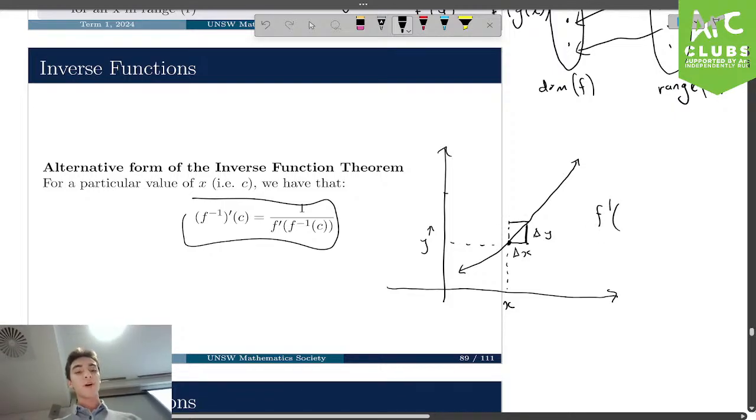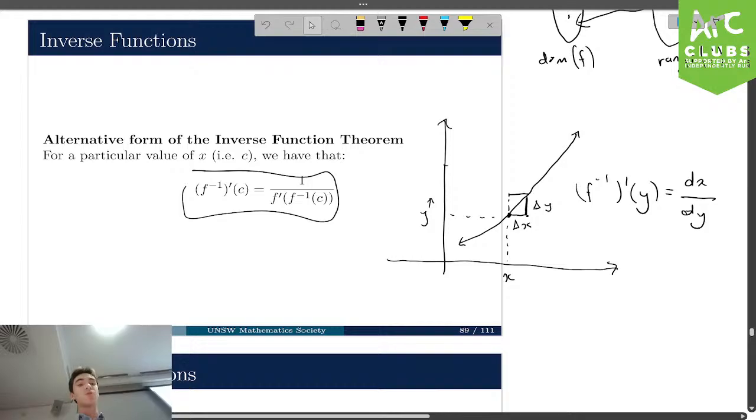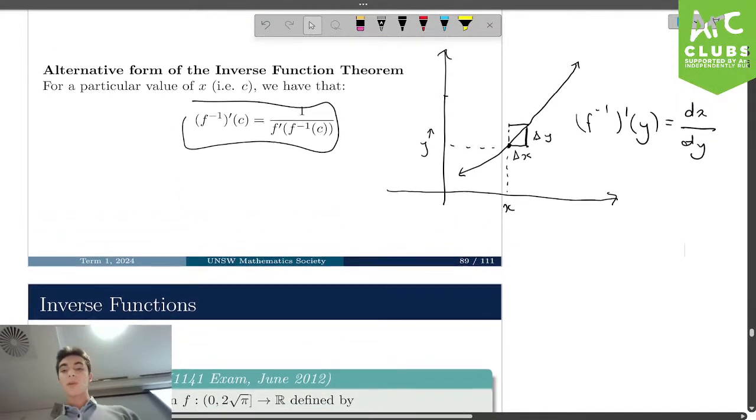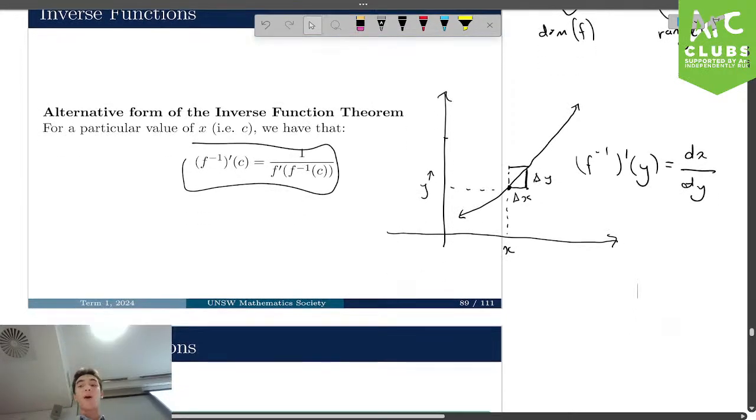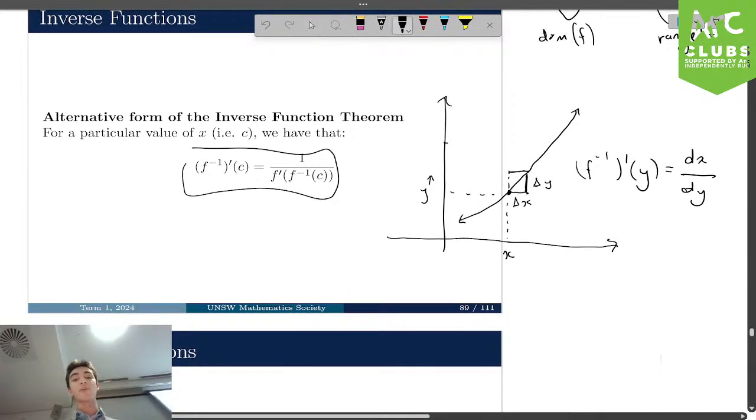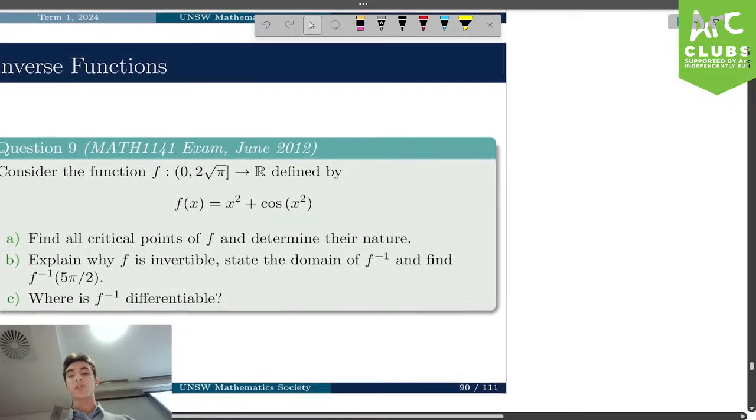And the derivative of the inverse in that case would be just the reciprocal of the derivative of the function at that point. Okay? And we can actually use this result to infer things about the derivative of the inverse at certain points on the function. Okay? So let's have a look at this question.